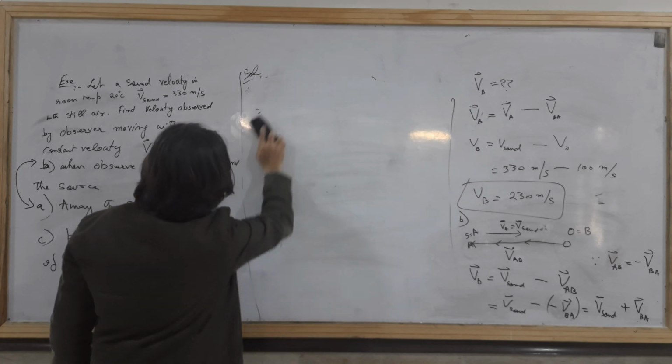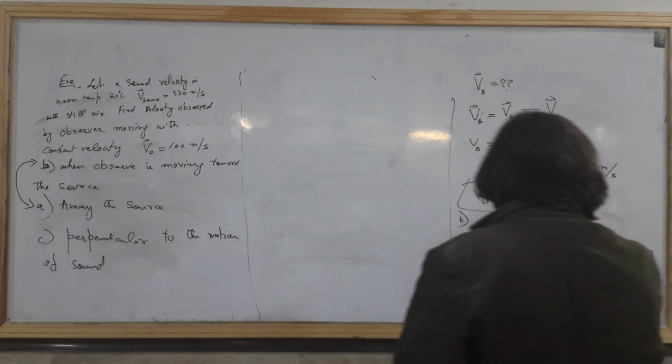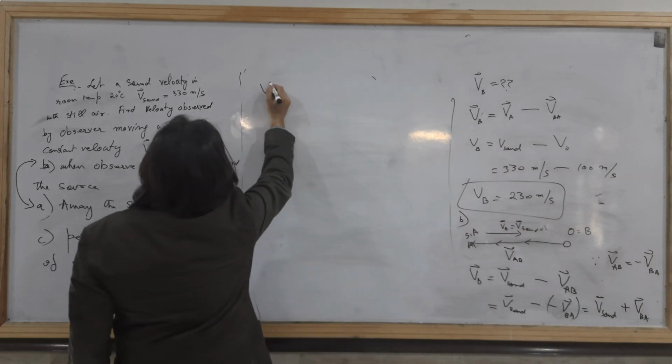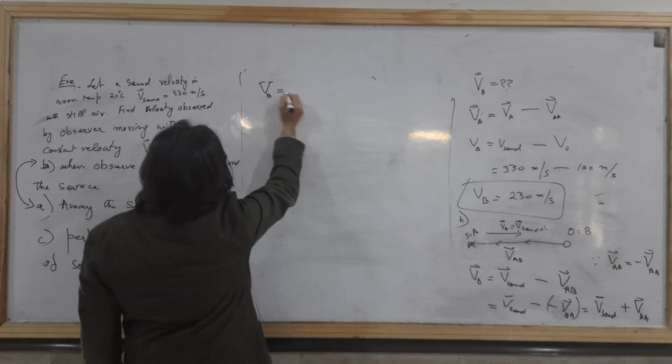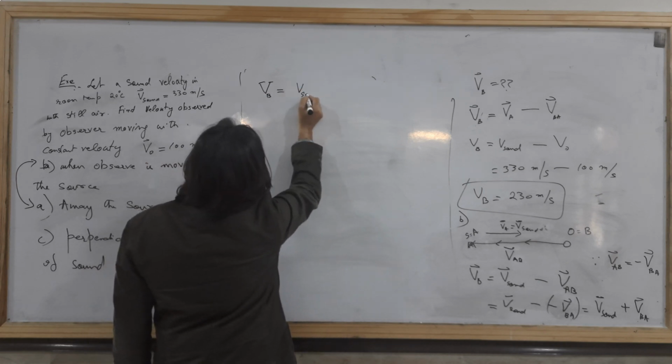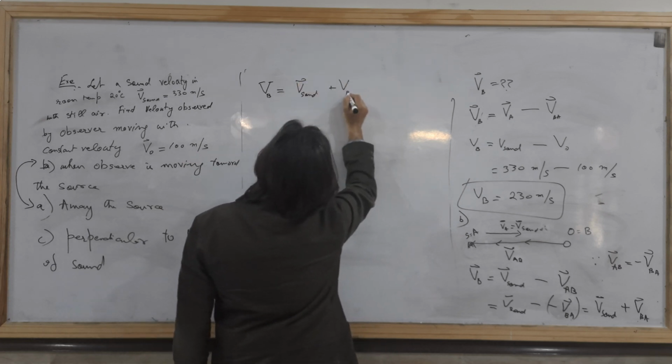Now what will be the result? VB will be equal to V sound plus VBA.